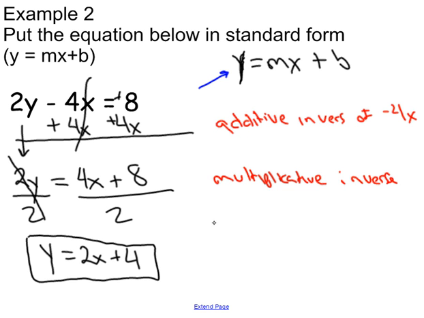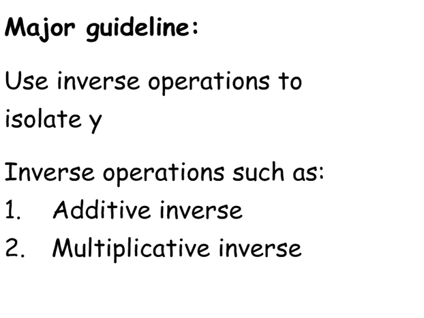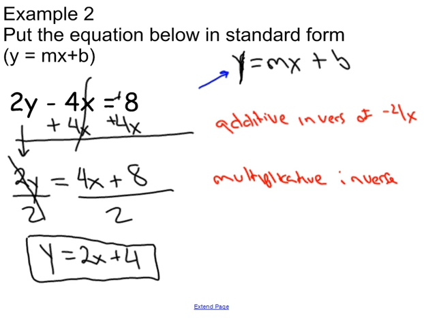All right, so to summarize, this video was about putting equations in standard form. That's y equals mx plus b. And here are some steps for you to do that. Well, they're not really steps, they're more like major guidelines. You're going to use inverse operations to get y by itself, such as the additive inverse and the multiplicative inverse.